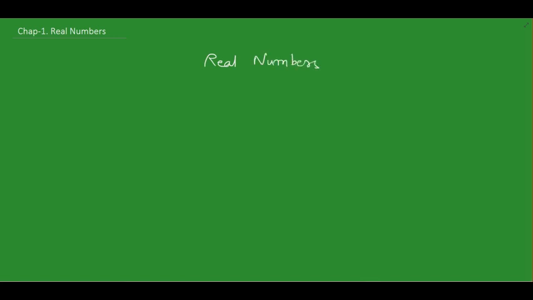comprise two types of numbers. Okay, real numbers: one is rational numbers, and another is irrational numbers.